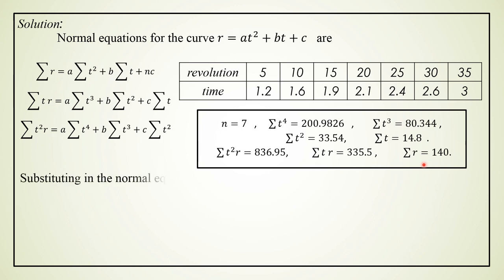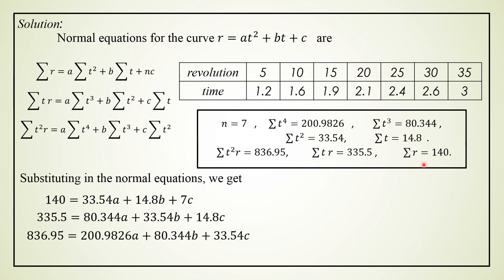So just substitute all these values so that you are going to get a simultaneous equation with 3 unknowns. Okay, solve these 3 equations so that you are going to get a is equal to 0.6646, b is equal to 14.7795, and c is equal to minus 14.4322.